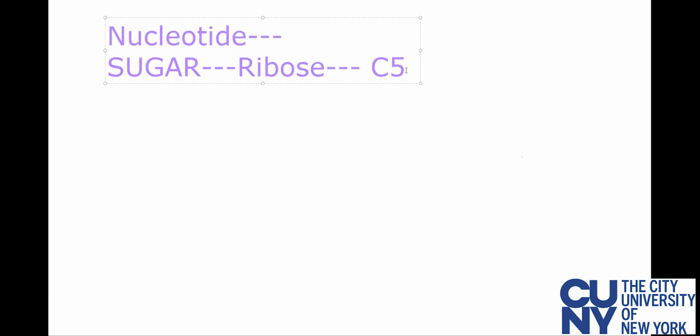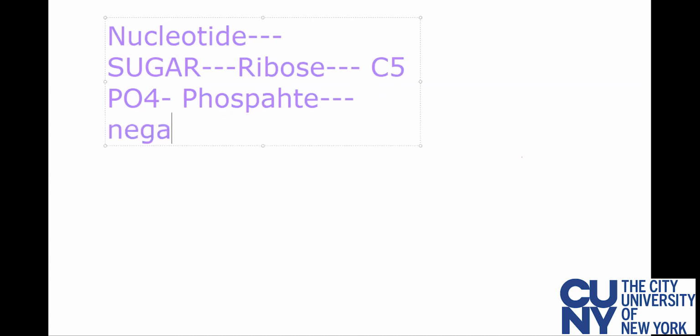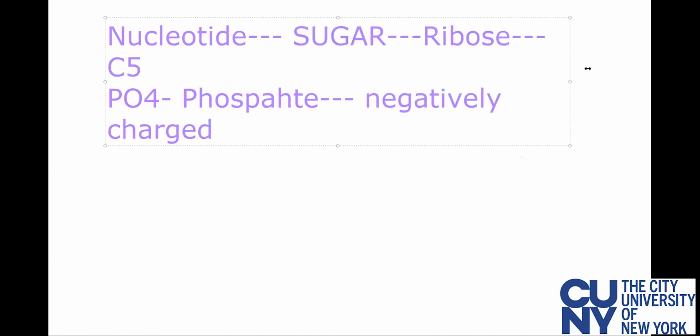The second is phosphate, PO4. This phosphate makes DNA and RNA negatively charged.